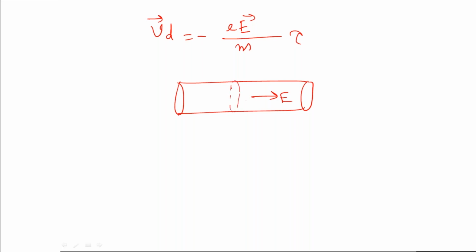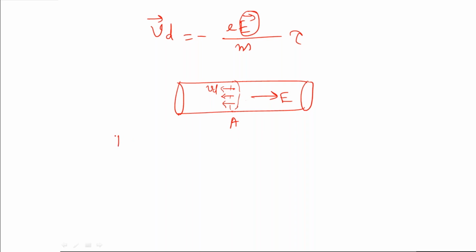Suppose this is the area perpendicular to the electric field I have taken in this conductor. Since the electric field is in this direction, the electrons will move with Vd in this direction, opposite to the direction of the electric field.